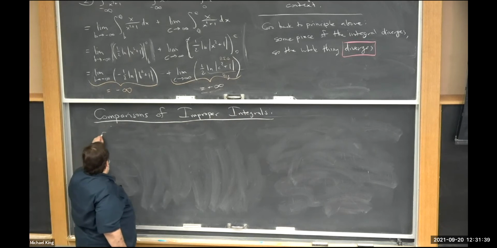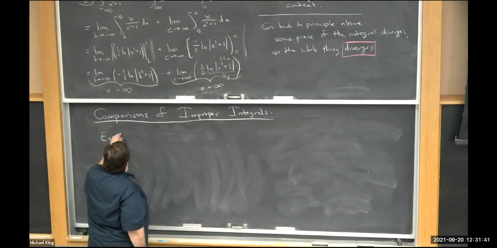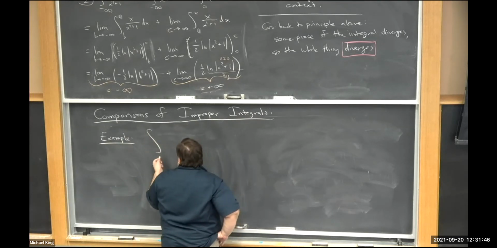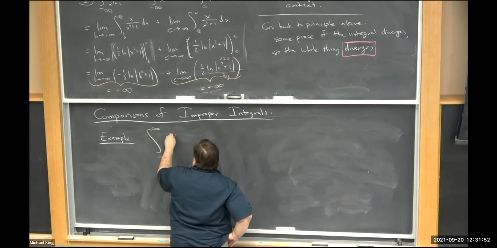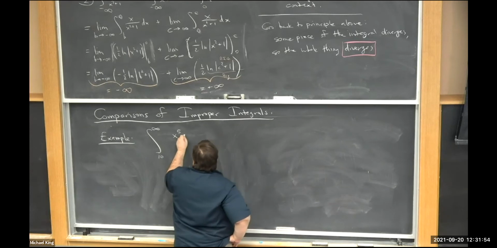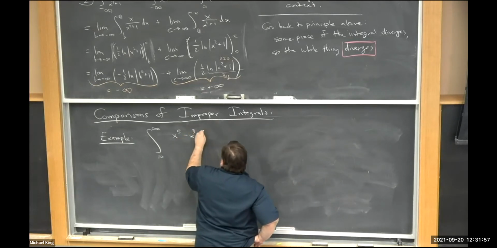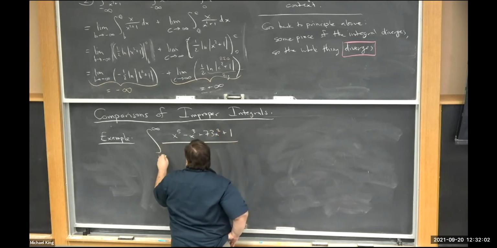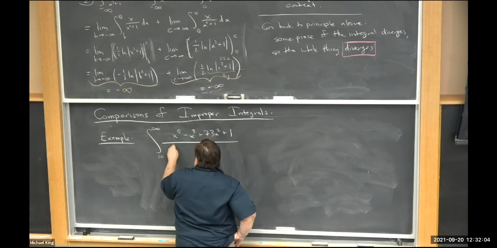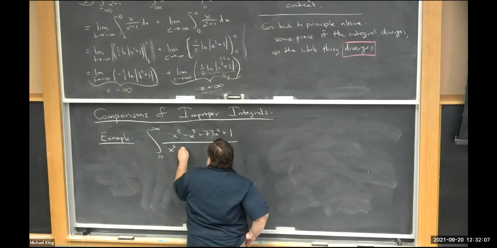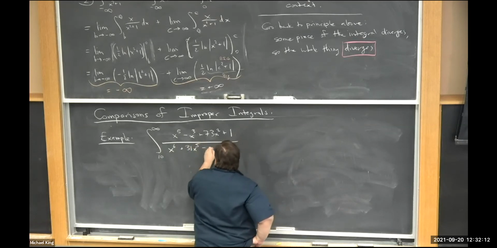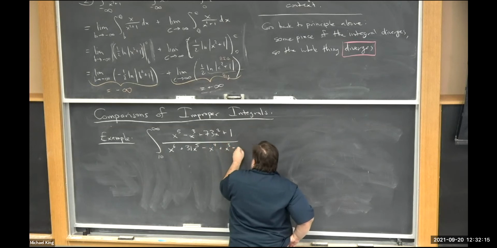So if I give you something like the integral from, let's just say, 10 to infinity of x to the 5th minus x cubed plus 73x squared plus 1, over x to the 6th plus 31x to the 5th minus x to the 4th plus x cubed minus x squared plus x plus 1.